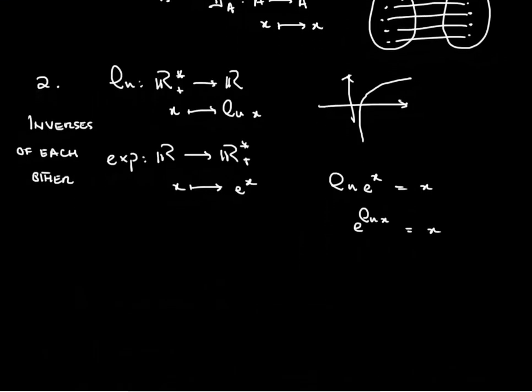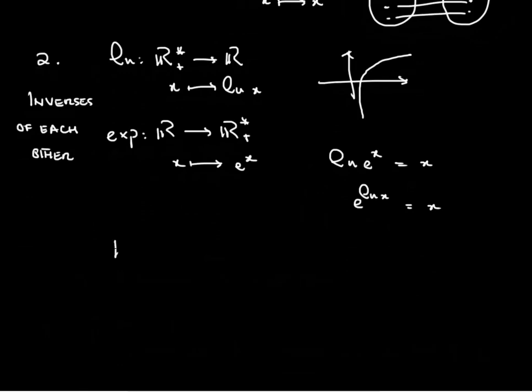So this means that they are inverse to each other, and I'm just going to hint at a theorem that can be used to prove that those two functions are bijections. A function is a bijection if and only if it is invertible. So this is a theorem that's going to be very useful.